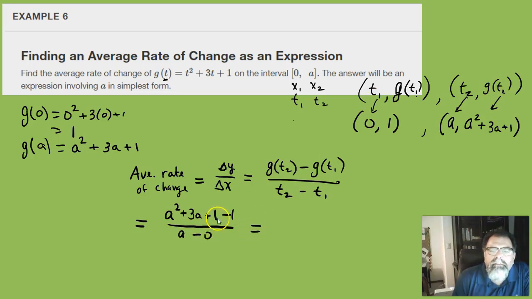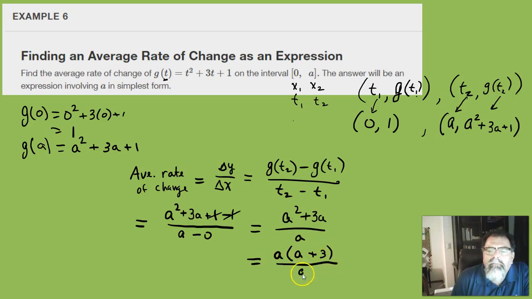And then simplify this. So the 1's cancel. A squared plus 3a over a. Now notice all of the terms have an a in them, so I can factor an a out of the top. a squared divided by a is a. 3a divided by a is 3. And then the a that I factored out of the top can cancel the a on the bottom. And then I just get a plus 3. So that's my average rate of change: whatever a is, plus 3.